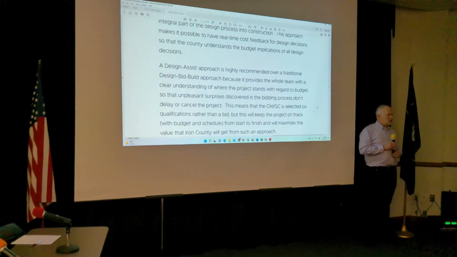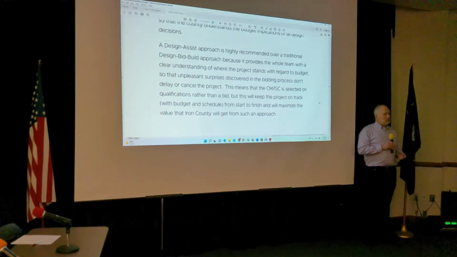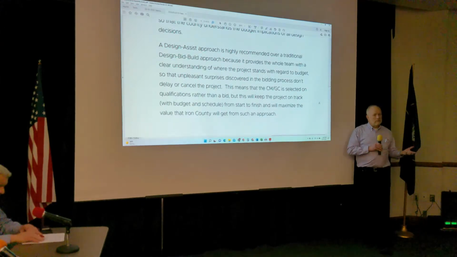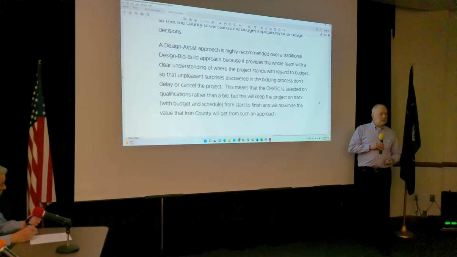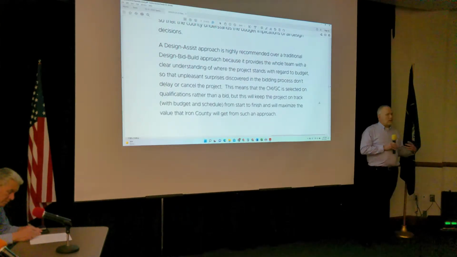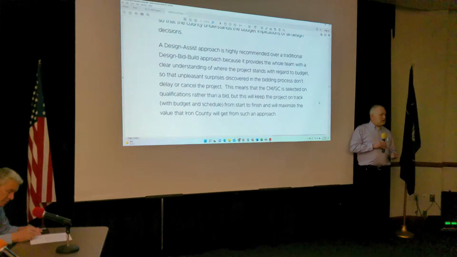The construction market and building market is very volatile right now. The cost of materials is very expensive. We recommend what we call a design assist approach, where right after the county would hire the design team, we would highly recommend that you immediately thereafter select the contractor.